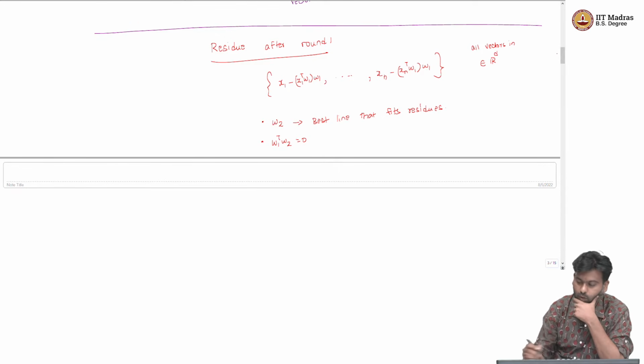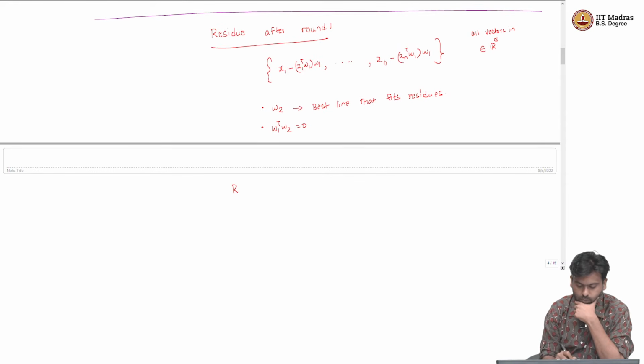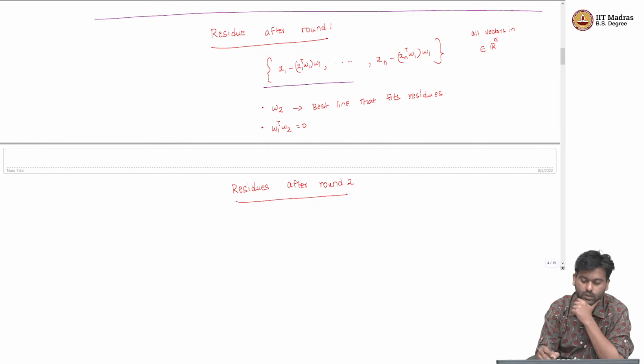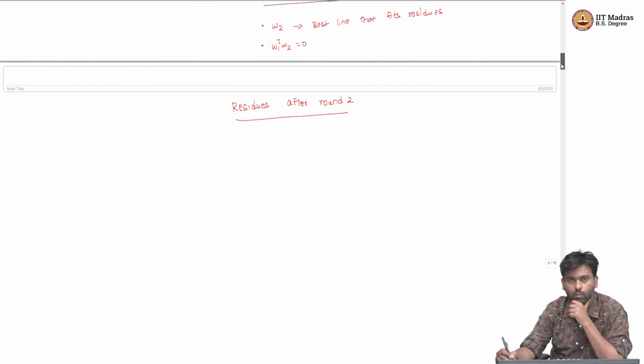Now, let us say we go ahead and compute the residues after round 2 just to see what is happening, right. Maybe some of you are already seeing it, but let us try to compute this explicitly. Now, what would be the residues after round 2? Well, from round 1's data set, we computed W2 and then we take the residue of each data point with respect to W2, which means that we take this data point and subtract out its dot product with respect to W2.